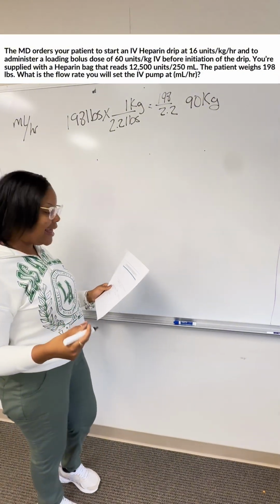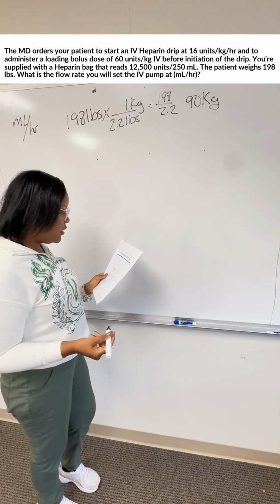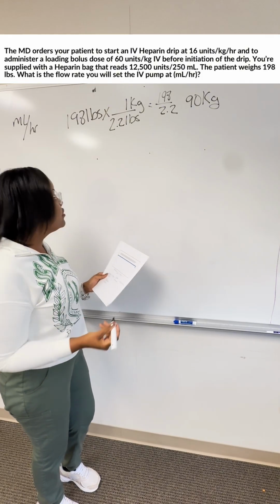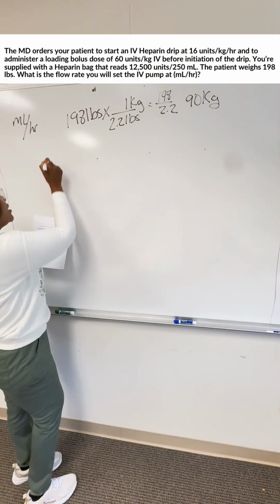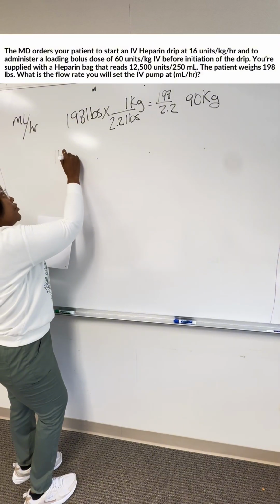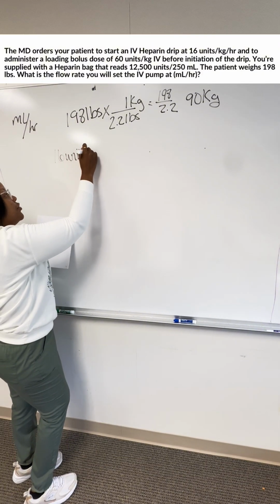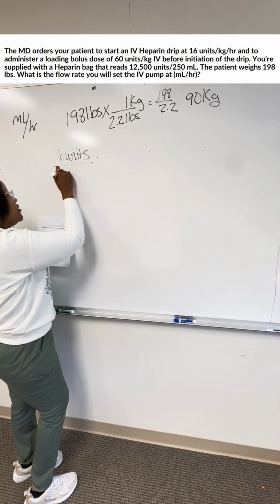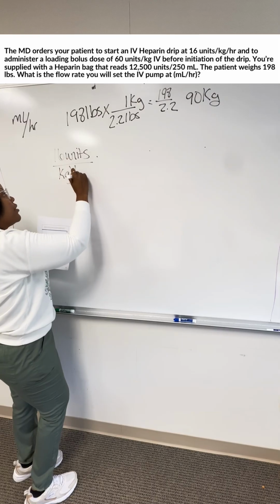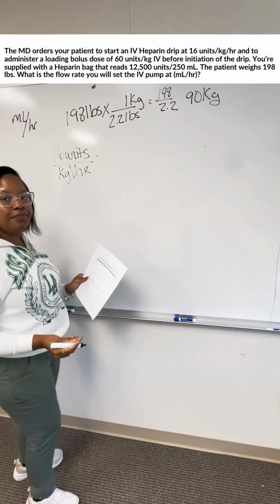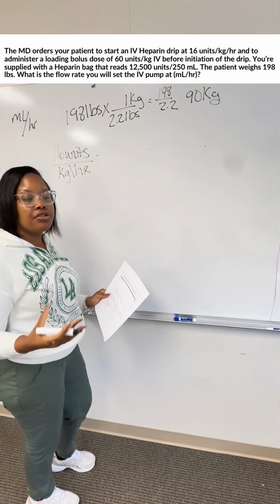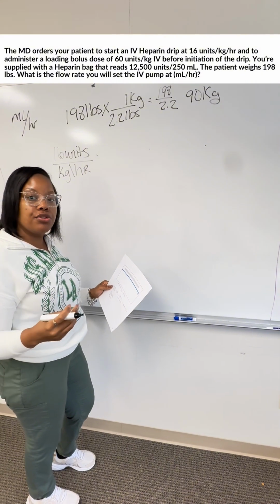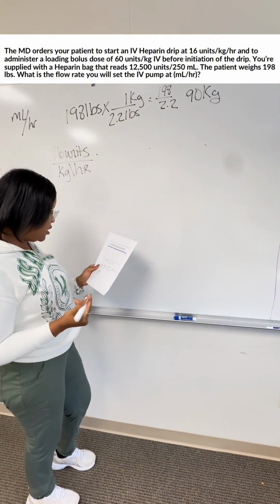All right, so I like to start with the order. So it says that the physician order is for 16 units on top, and kg per hour is on the bottom. All right, so we know our answer needs to be in mLs per hour, so we need to cancel out units.